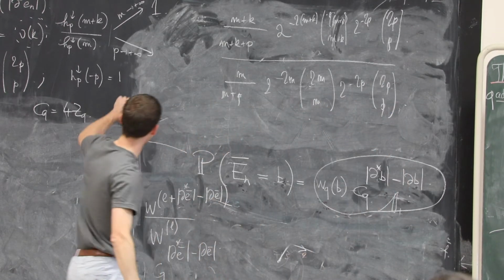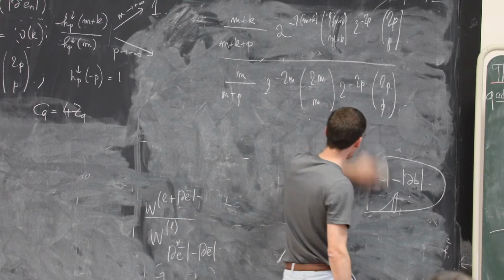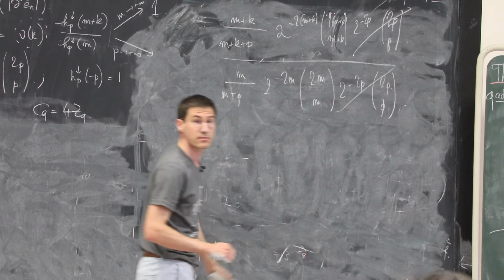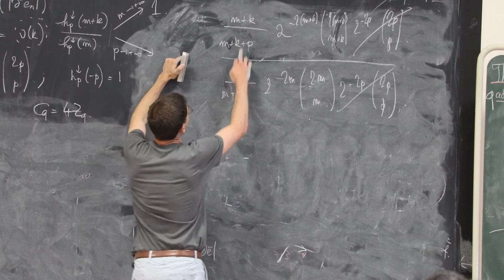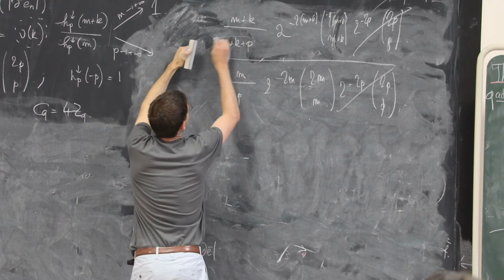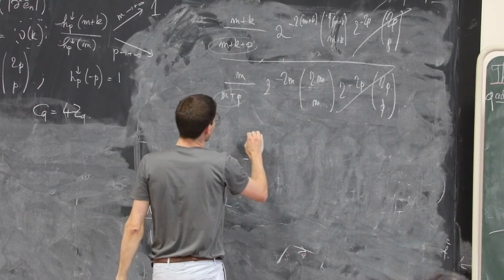You agree? So let's send p to infinity. If we send p to infinity, those factors vanish, and we have the ratio of this divided by this. This guy is approximately the same thing as this when p goes to infinity. So what do we get on top?